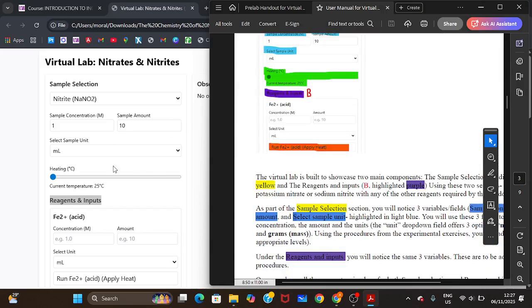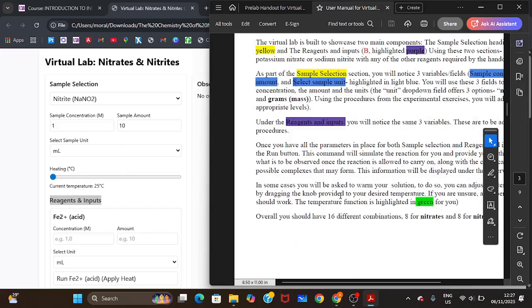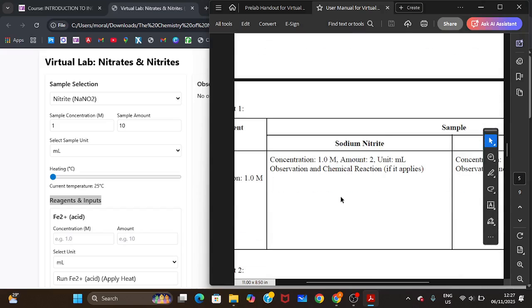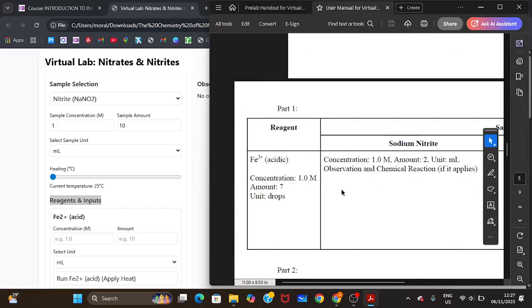Just to show you a brief sample of how it should work, if you look at your first experiment, for the first part, you're being asked to run this specific reaction with two ions in an acidic solution.